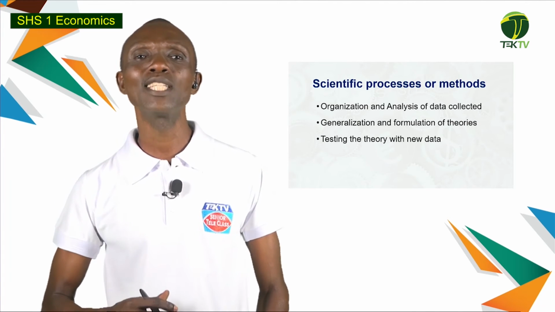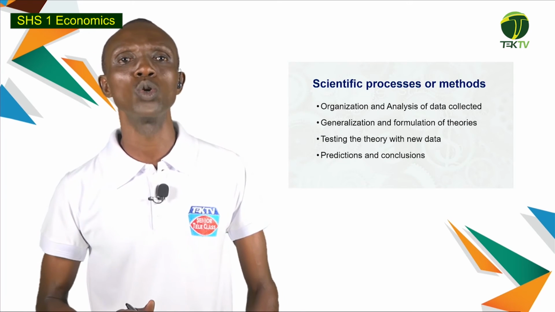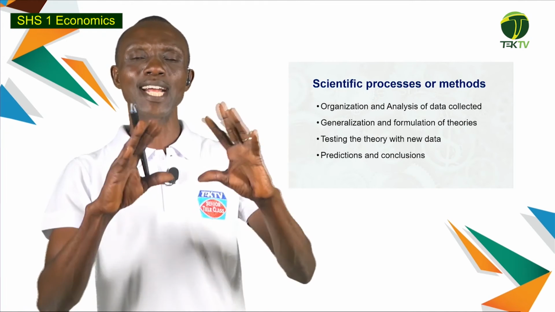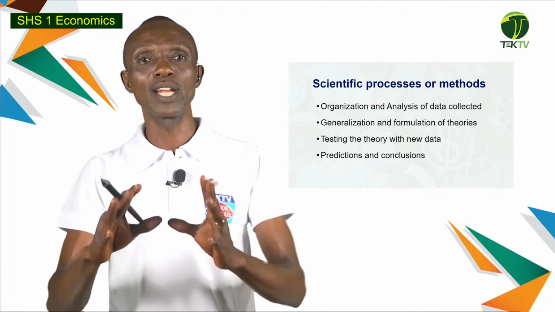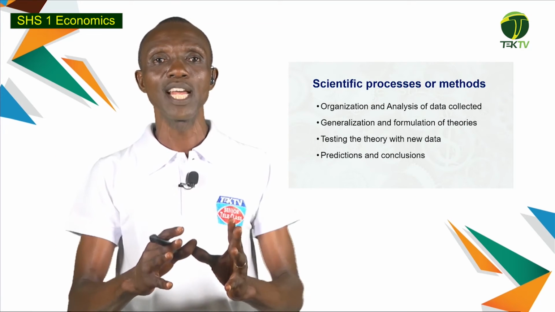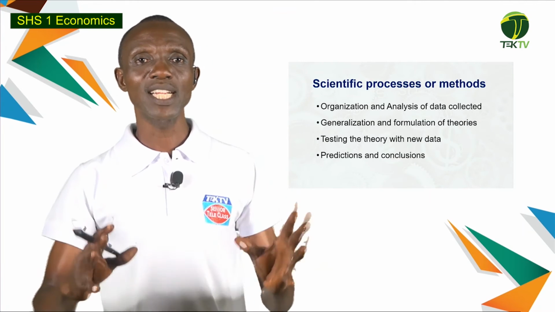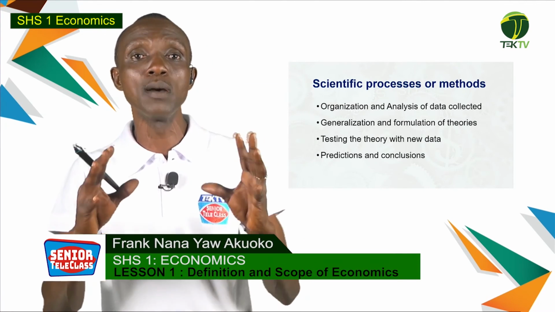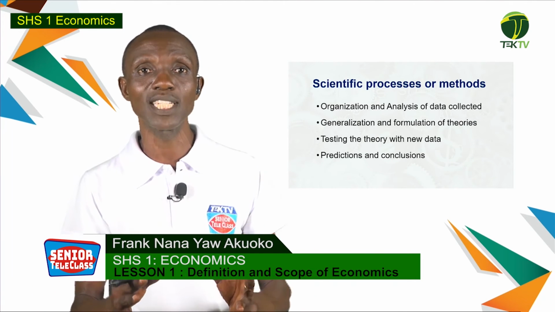And when these laws are made, they could be used for predictions and conclusions. Now, the pattern here is that we collected data on a category of individuals, they gave us this response. We collected data on another individuals of the same characteristics, they gave us the same response, and for that matter, we could predict that if we are to go to a third category of individuals to collect data on the same problem, there's a higher tendency and likelihood that they are going to give us the same response.